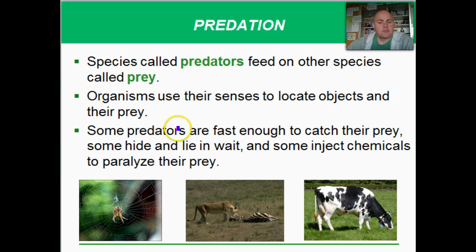Continuing on, these relationships between organisms can result in a variety of different relationships. One of those is predation. Predation, you guys well know, is when one organism, the predator, feeds on another, the prey.